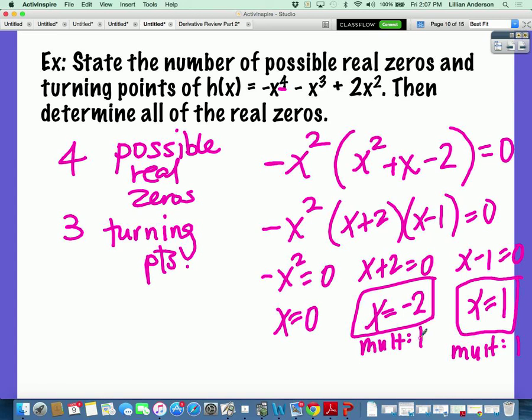Now, it didn't say anything about this in the directions, I know this, but I want to go back over this concept before we get to the next example. However, over here, at 0, if we actually had worked this out, negative x squared equals 0. We would have had to divide by a negative 1, which will still give us 0. And when we take the square root, we always get what normally?